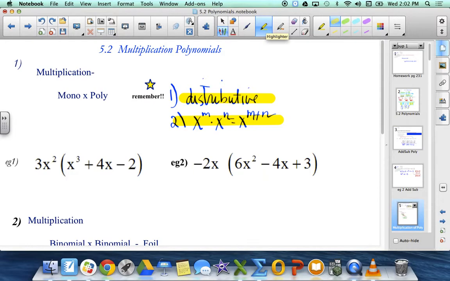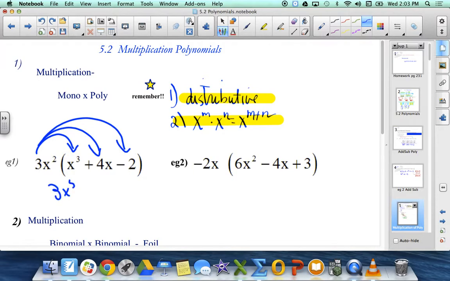So the first example I have up here says 3x squared times x cubed plus 4x minus 2. Going to distribute this to each one of these. So we get 3x to the 5th plus 12x to the 3rd minus 6x squared.